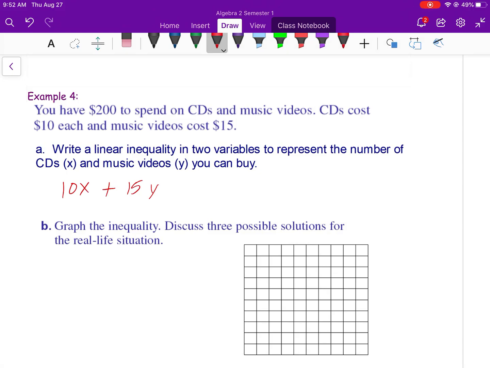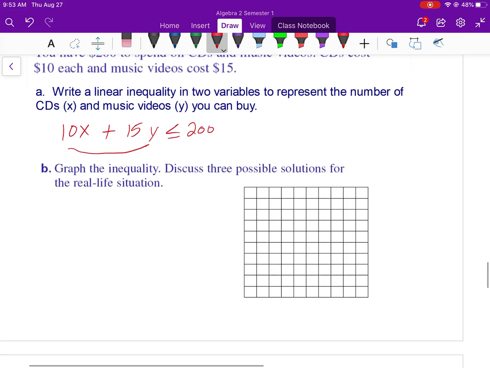So if this is representing the amount of money that we're paying for these CDs and music videos, that has to be less than or equal to 200, because we can't spend any more than that. That's how much money we have. So there is our linear inequality. The reason it's also equal to, what I should mention, is we have $200, so we can spend exactly $200. So not just less than, but less than or equal to.